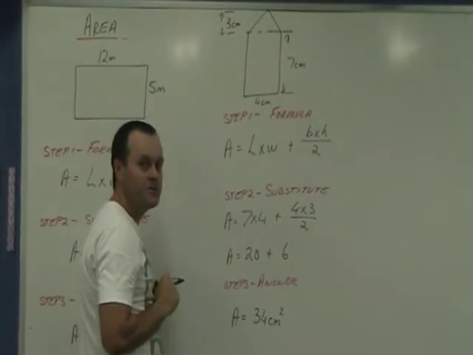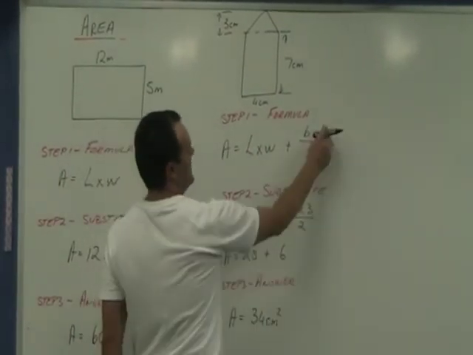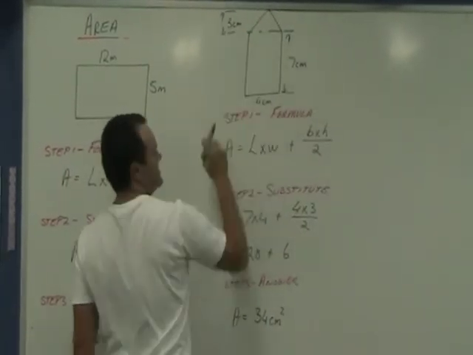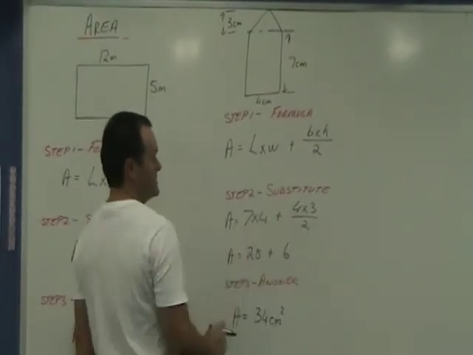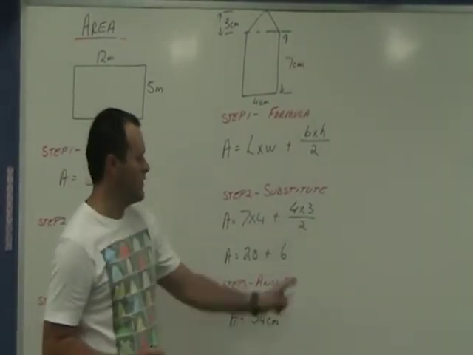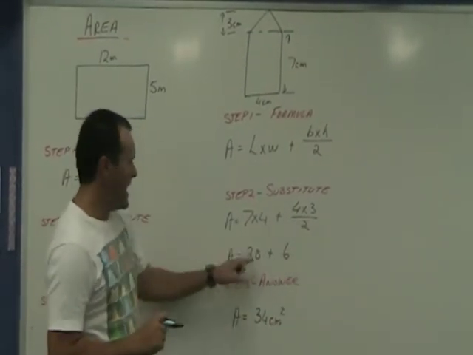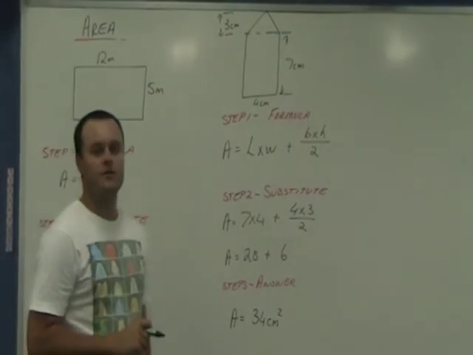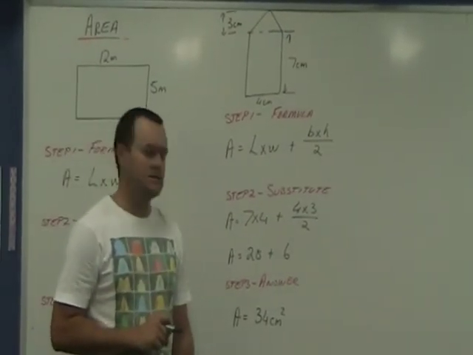That was a little bit tricky, but pretty easy at the same time. The height from there to there, I'm giving it to you, is 3, divided by 2. 7 times 4 is 28. 4 times 3 is 12, divided by 2 gives me 6. Add those 2 together and I get an answer of 34 square centimetres.